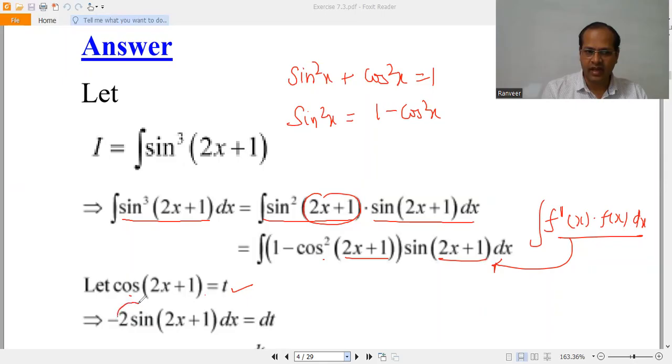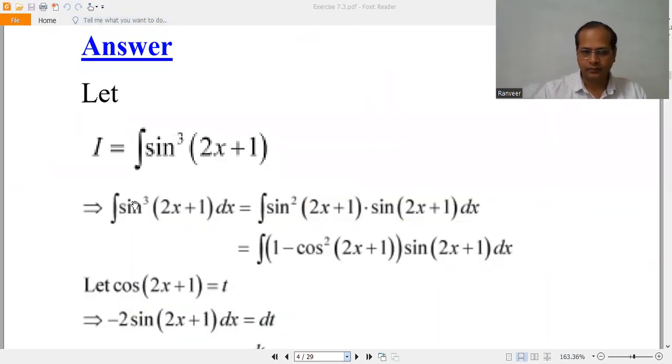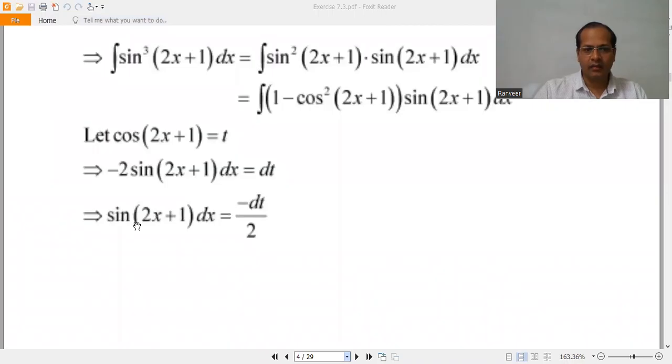Now this is 2 sine 2x plus 1 dx. We can write here, this minus we can take to the right side, then this is minus dt. Now minus dt by 2 here we have to write.